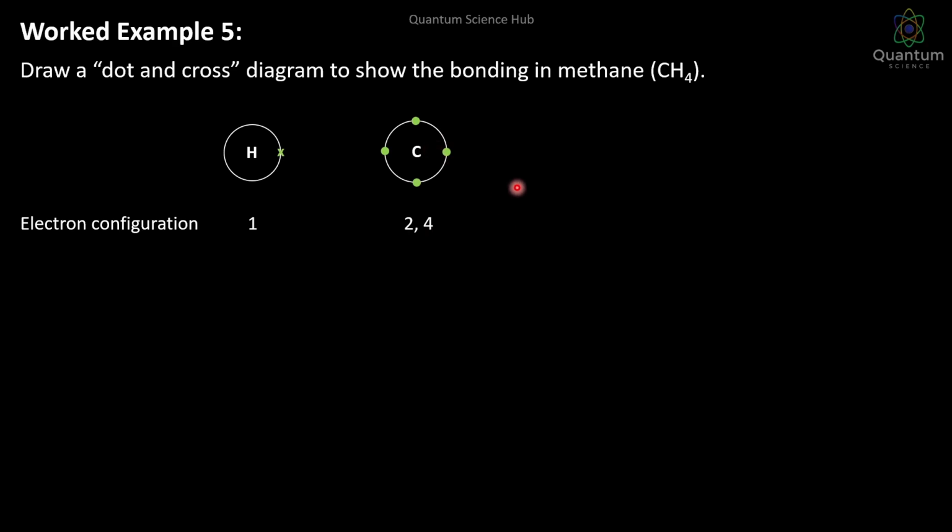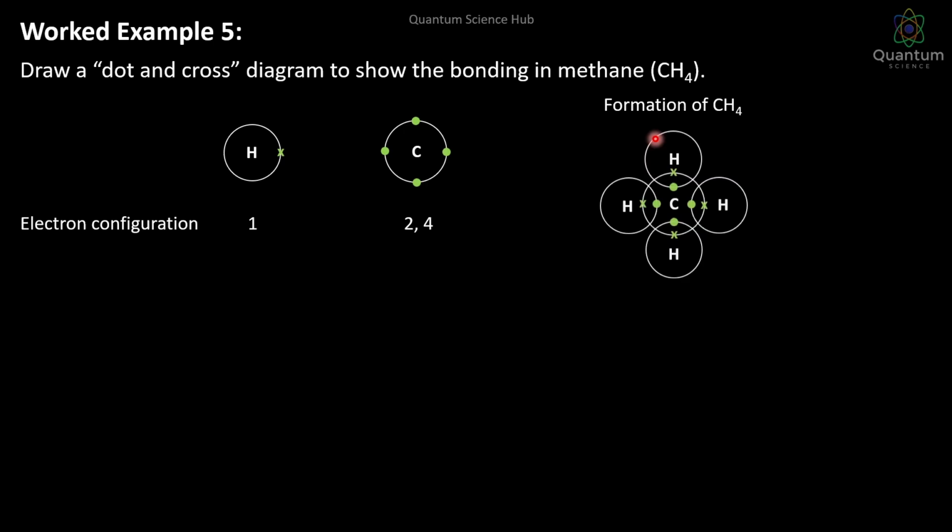And in this case, we need 1 carbon and 4 hydrogen. So the formation of CH4 is going to be like this. 1 carbon and 4 hydrogen, right? They are sharing 1 pair of electrons. So in this case, every single hydrogen in here will have 2 valence electrons in the first shell.